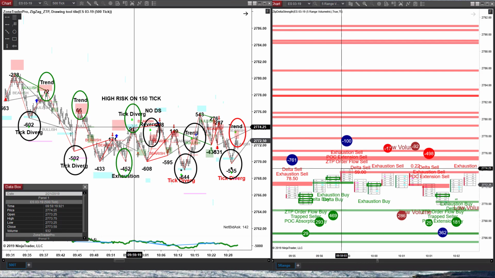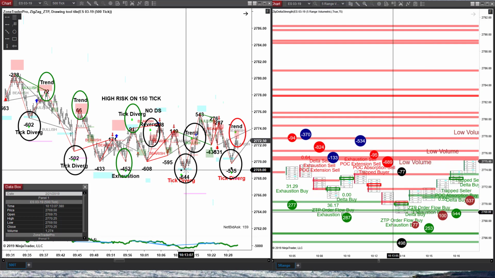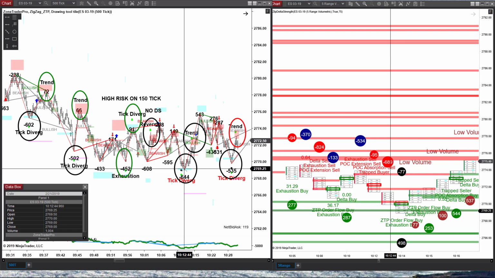We had a tick divergence, which also gave us a high risk on the 150 tick chart. While there was order flow here, there was no delta strength on either chart. This trade was circled as a non-trade because the pattern became non-tick divergent, making that a simple counter trend trade, although it did of course have order flow and an extremely good delta strength number.